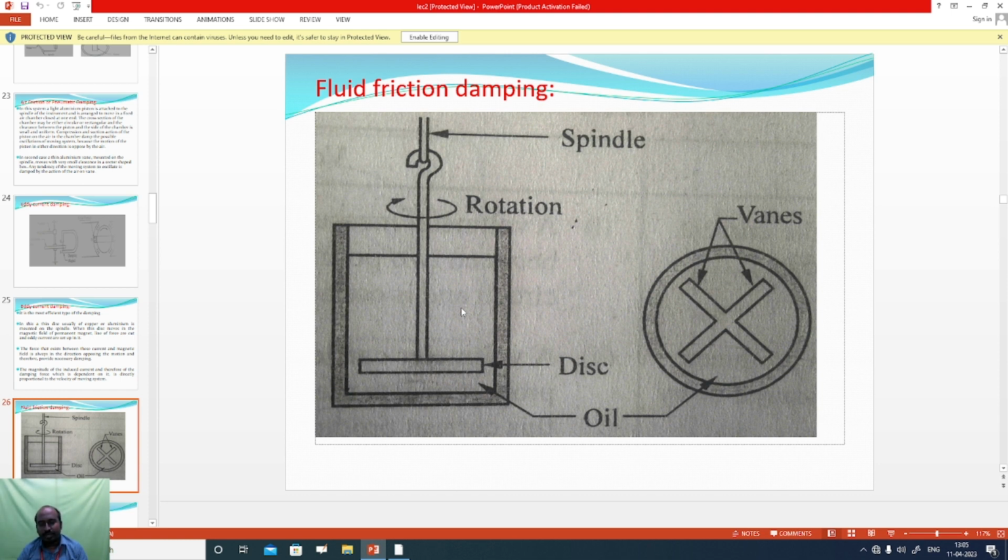Here it has to move against the friction produced by the fluid which is placed around the disc. This fluid friction opposes or damps the motion of the pointer or the spindle. So fluid friction damping can be obtained easily with the help of this arrangement.